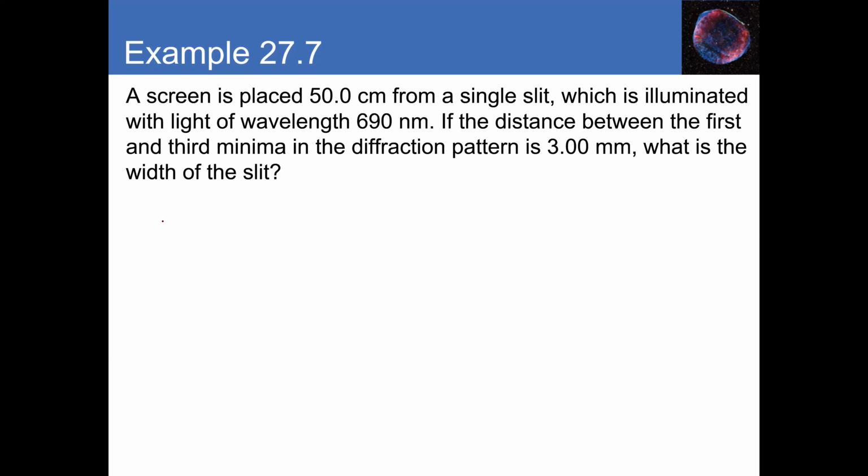All right, so let's see what we're given. The screen is placed 50 centimeters from the slit, so L is 50 centimeters. We're given wavelength 690 nanometers. And then delta y between first and third, that means y3 minus y1 is equal to 3 millimeters.